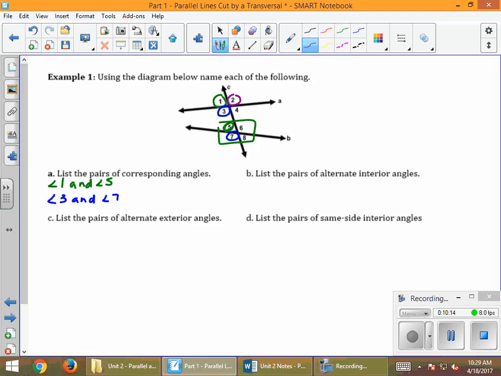And which one's sitting in the same corner as angle 2? And that would be angle 6. They're both sitting in that top right corner. So we say angle 2 and angle 6. And lastly, we take a look at angle 4. One left is angle 8. So angle 4 and angle 8 are corresponding angles.